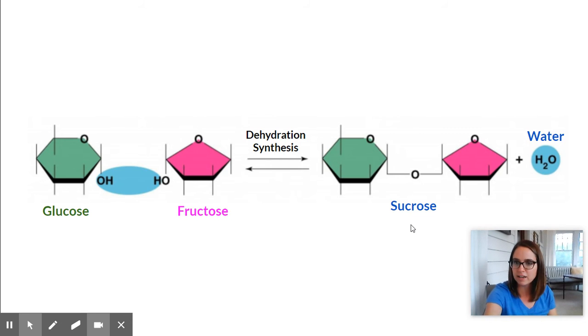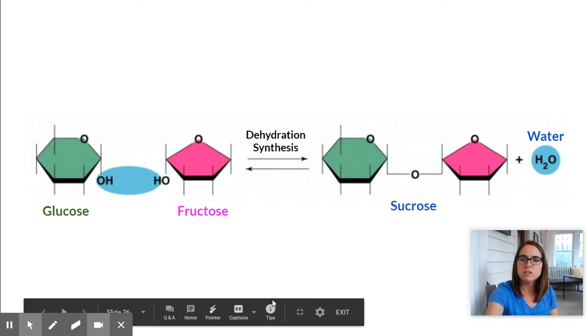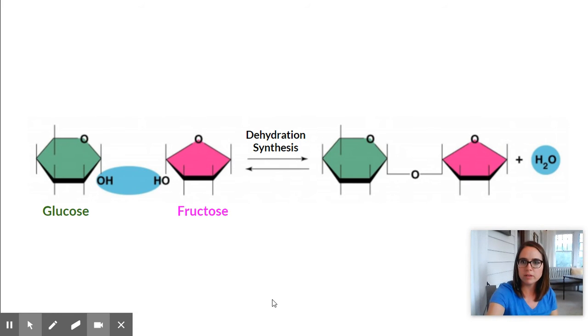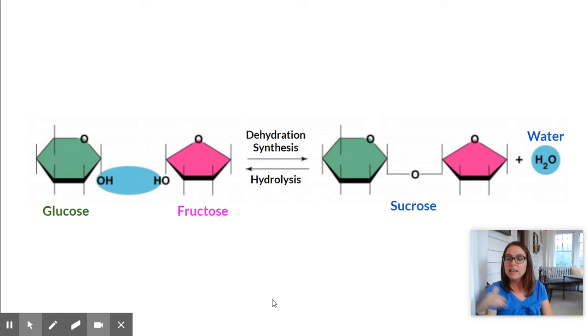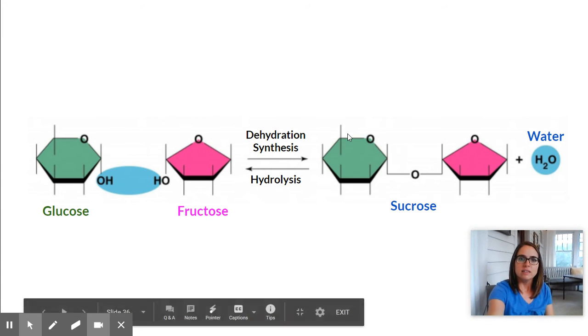And it adds a little energy, and it also is going to insert a water molecule. So it forces in a water molecule, and breaks it apart. That opposite reaction is called hydrolysis, the opposite of dehydration synthesis.